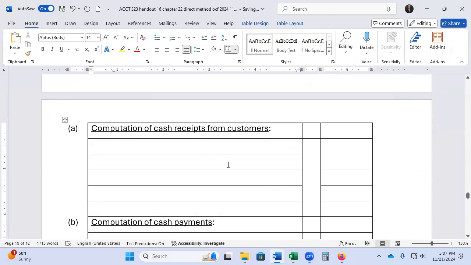Okay, and we can go all the way to cash receipts from customers, the Schedule A. And so we have revenues of 1,604,000. Then we have less an increase in accounts receivable.